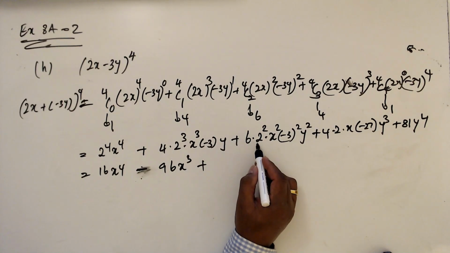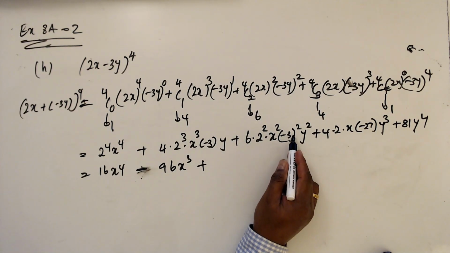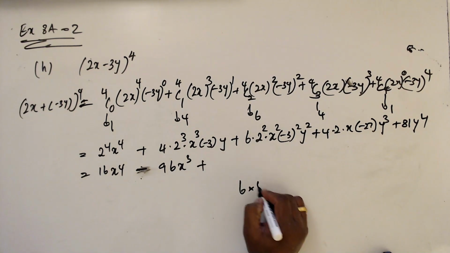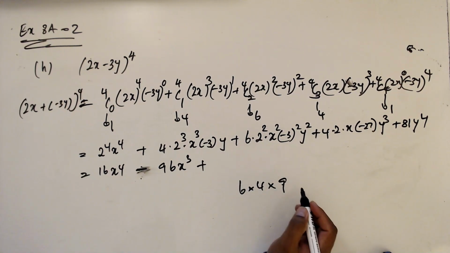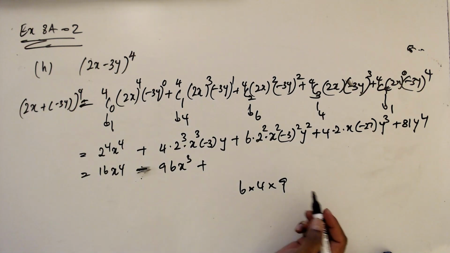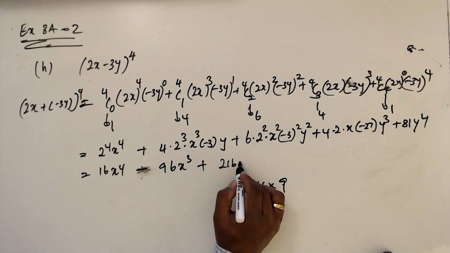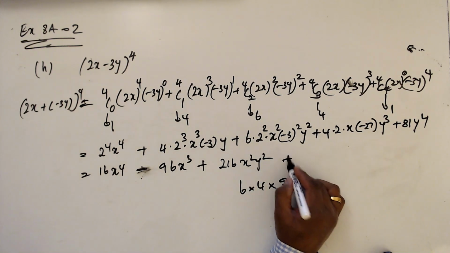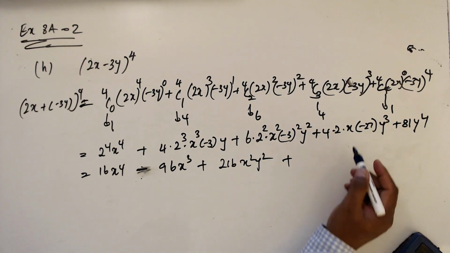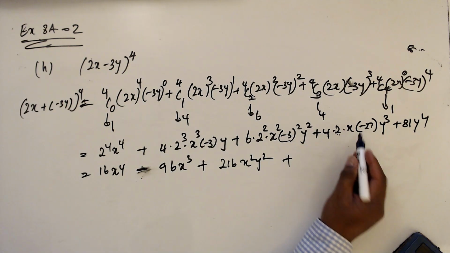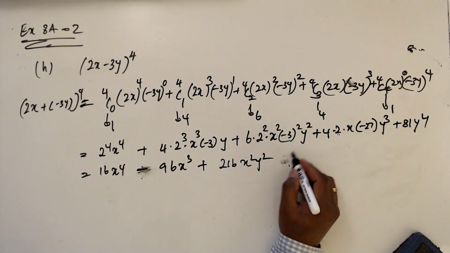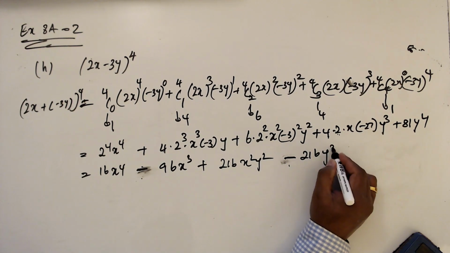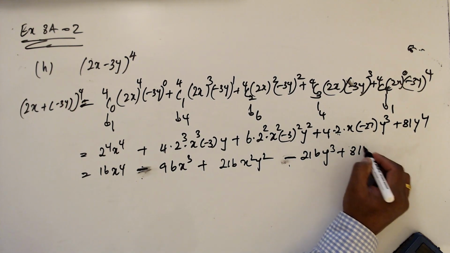Plus this is going to be positive 6 times 4 times 9, 216 x square y square, and this is going to be 4 times 2 times 27. Then this is going to be minus 216 y cube and 81 y^4.